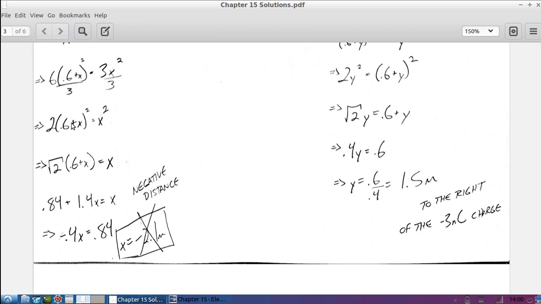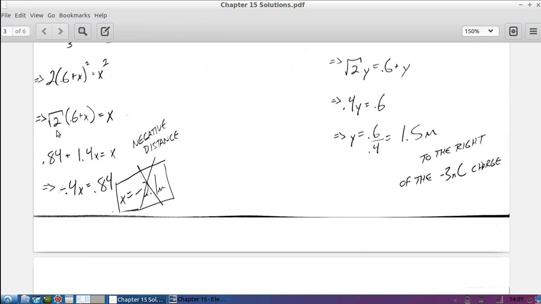So instead of factoring this out, distributing the 2, making it messy, I can just take the square root of both sides. So square root of 2, square root of this term is just 0.6 plus x, square root of x squared is just x. So I got rid of all my quadratic terms. It's a linear equation. Now I can distribute that root 2, and root 2 times 0.6 is 0.84.